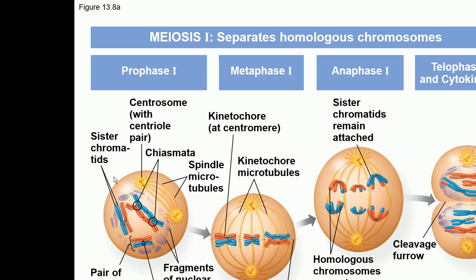You can see this red chromatid is crossing over with the blue chromatid, and these chromatids are going to exchange genetic material with each other. These X-shaped structures are called chiasmata, this event is called crossing over, and that results in the formation of recombinant chromosomes.